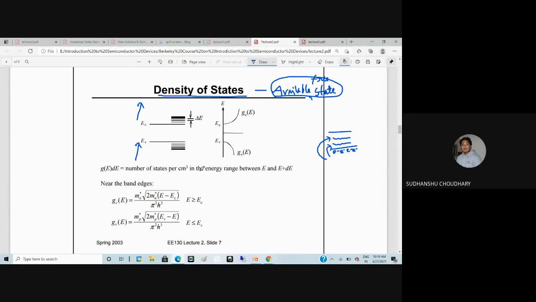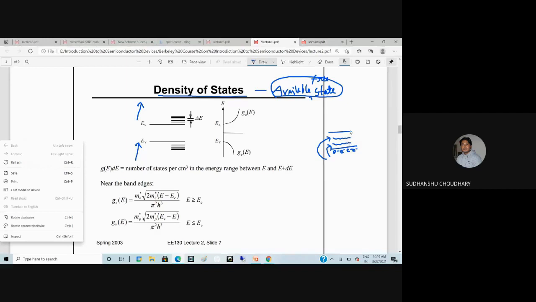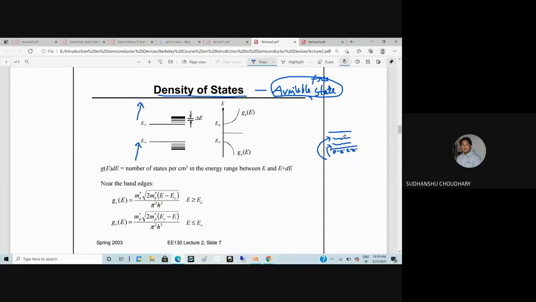So the electron moves from this state to these available states. If these states are available, then only this electron can move here. If this is already occupied by an electron, then the transfer from this energy level to this is not possible.